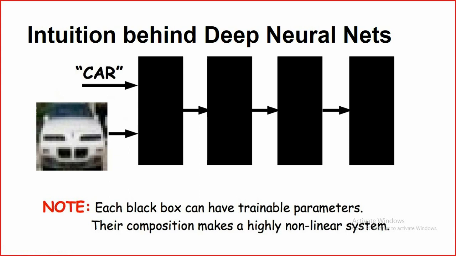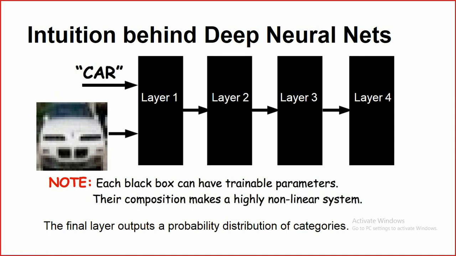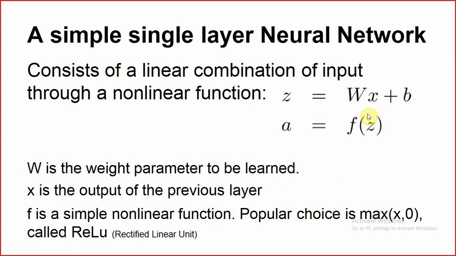Each black box can have trainable parameters, and their composition makes a highly nonlinear system. We call each of these small black boxes a layer. So this is the input layer, and this is the output layer. In each of the layers we have some trainable parameters, the weight and the bias for each of the neurons.